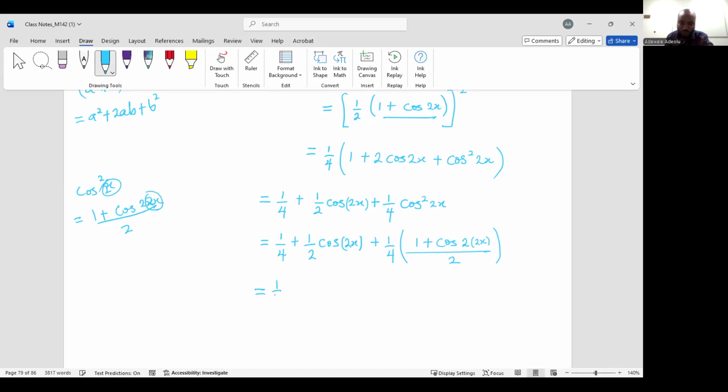So this is 1/4 plus 1 over 2 cosine of 2x plus 1/4 into, again, 1 over 2 into 1 plus cosine of 4x.